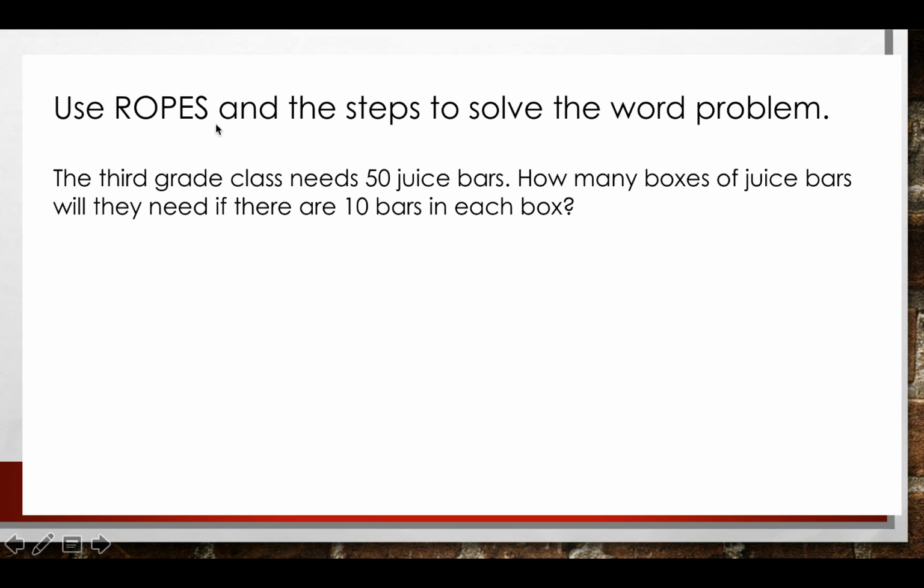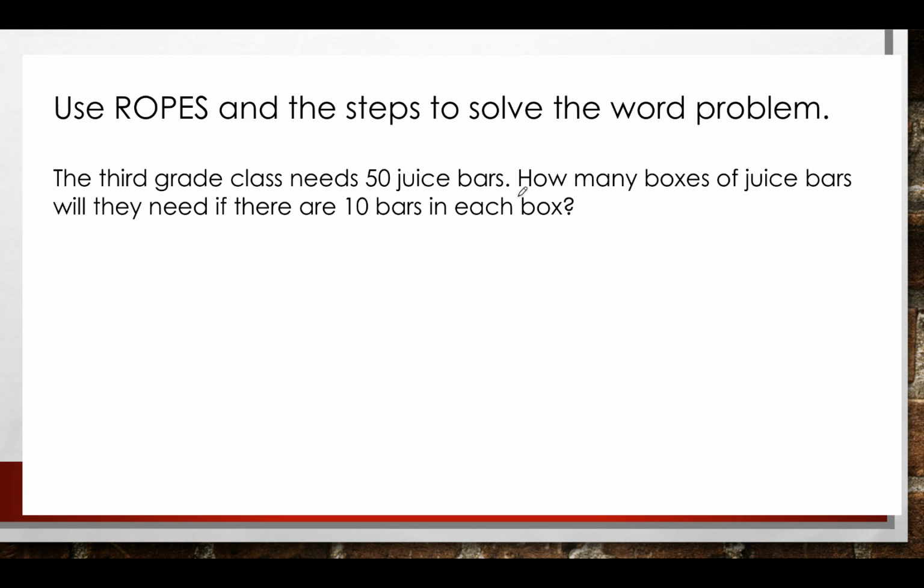Now we're going to use ropes and the steps to solve the word problem below. Says the third grade class needs 50 juice bars. How many boxes of juice bars will they need if there are 10 bars in each box? All right, so the first thing we want to do is restate the question.